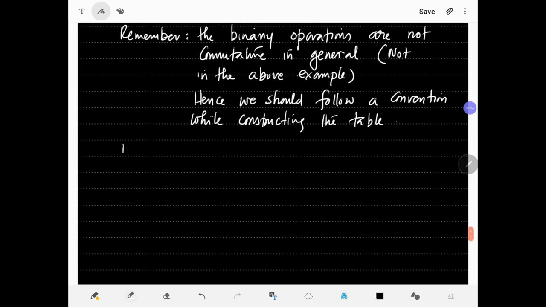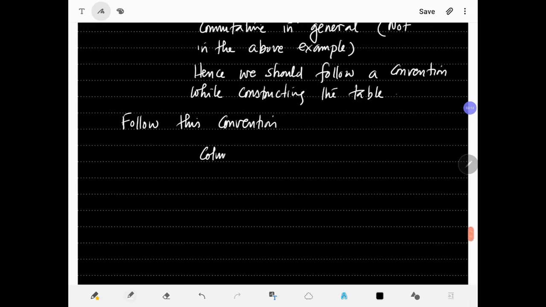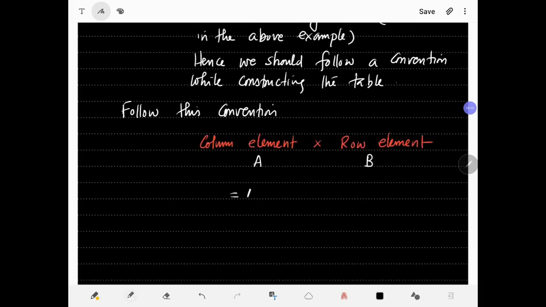The convention I followed in all my lectures is as per the convention followed by F.A. Cotton's book. Column element multiplied by row element. You should not write the other way around. So AB means A is the column element and B is the row element.